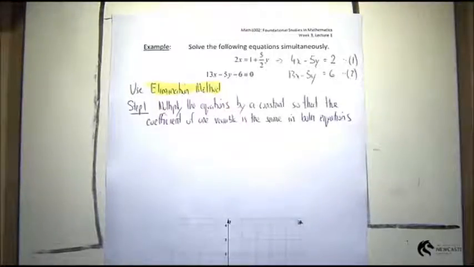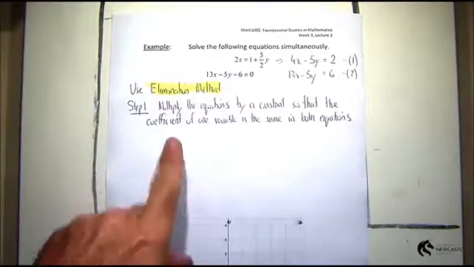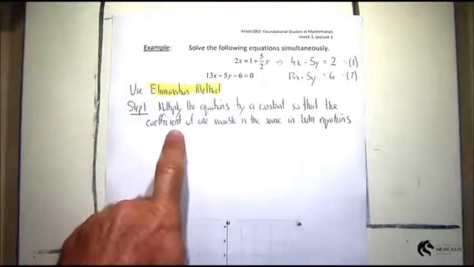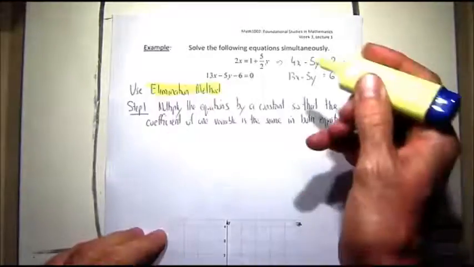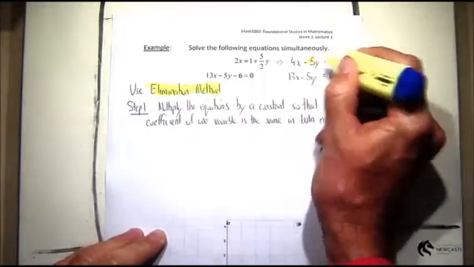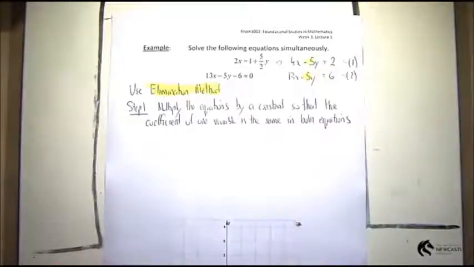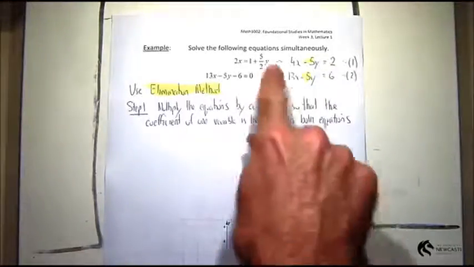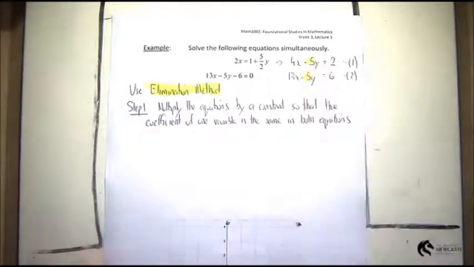It doesn't have to be the same constant with both equations, but I want to multiply equation 1 by a constant and multiply equation 2 by a constant, so that I've got one of the variables having the same coefficient in both equations. It could be the x variable, it could be the y variable. Now in this case, that step doesn't need to be done, because as it turns out here, I actually have a minus 5 there and a minus 5 there. So I don't have to multiply that by anything to get coefficients to be the same.